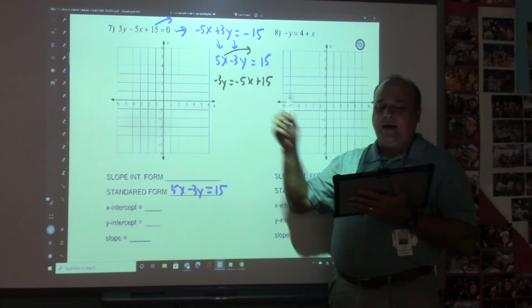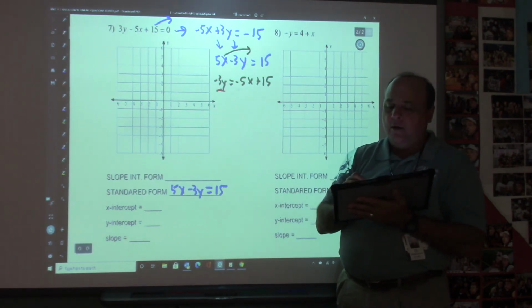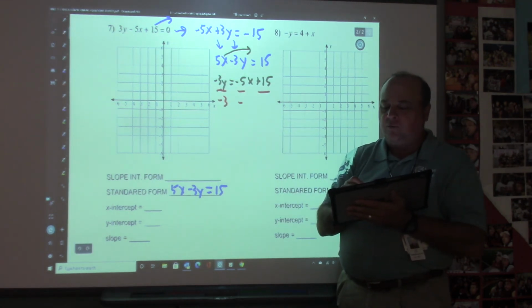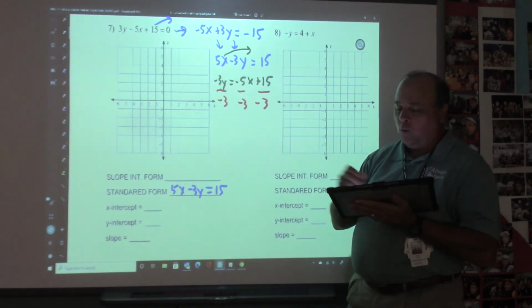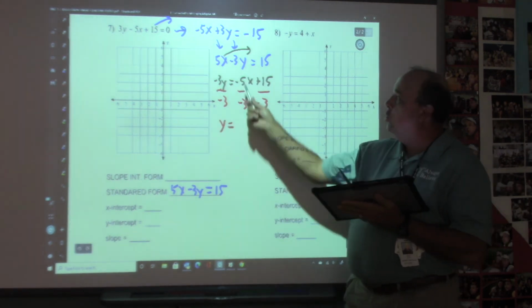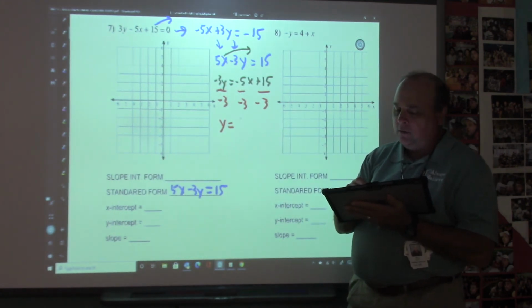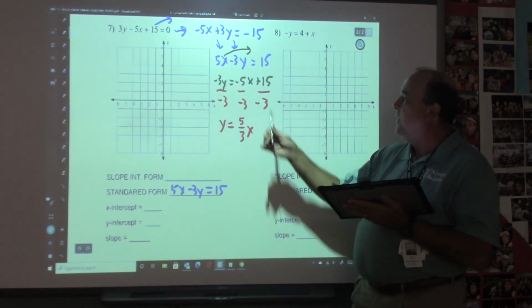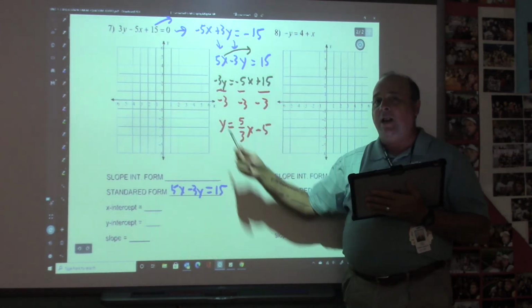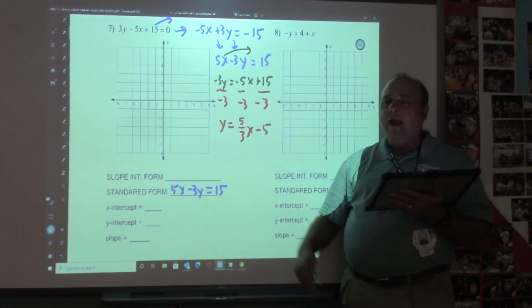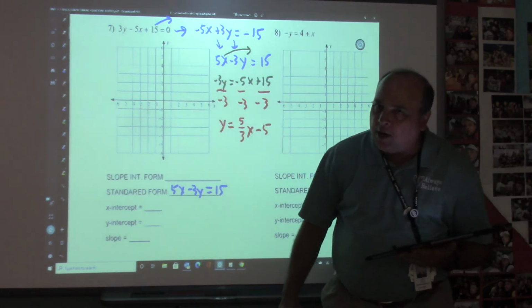Now I need to divide everything by -3, right? 3 fraction bars, put -3 down. Oh! I'm going to get y equals 2 negatives make a positive, and then a positive divided by a negative is a negative, and now then I can graph that line, can I? I'm not going to take all the fun away from you.